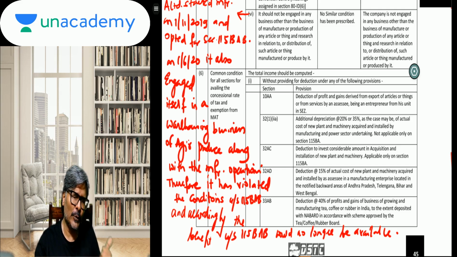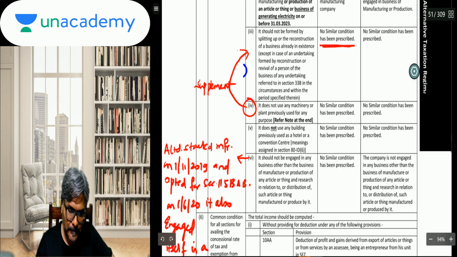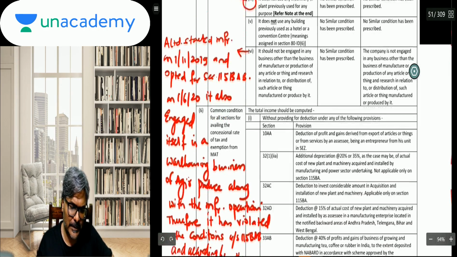And hence, if you have to forego 115 BAB because of the violation of the condition, you can definitely, students, go to Section 115 BAA. Students, keep this particular point in mind. Now, I have dealt with this one, students. Let's see point number 6.